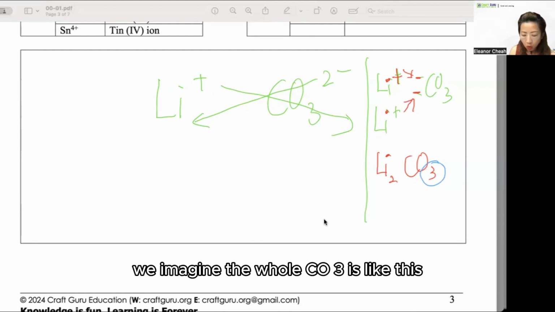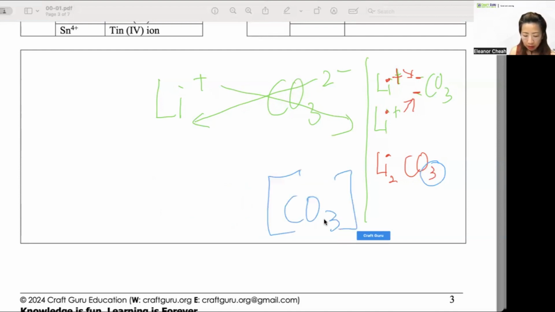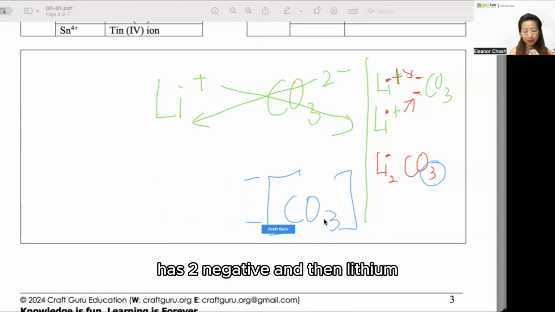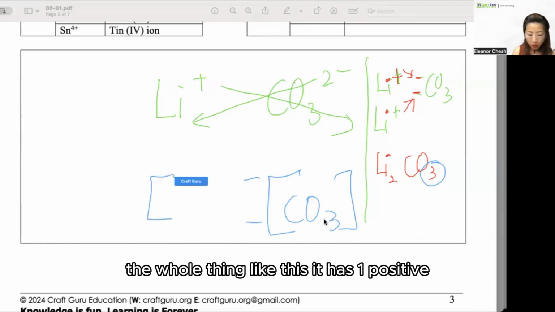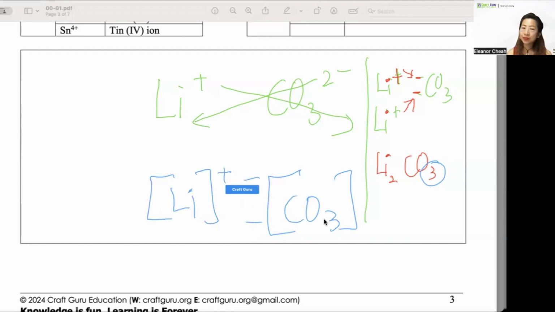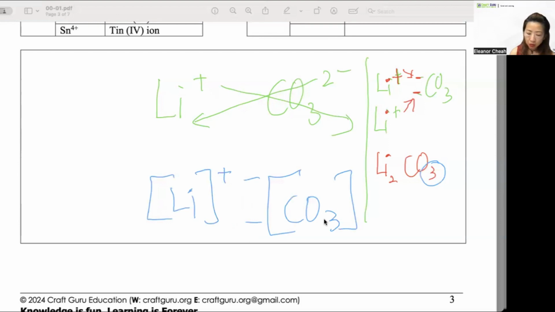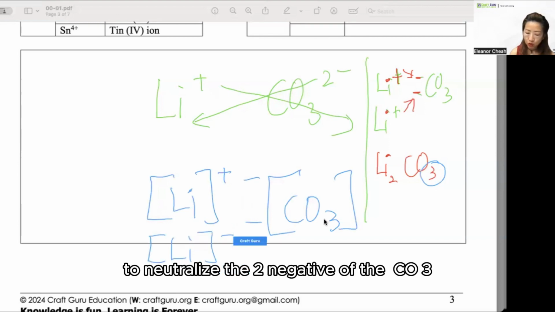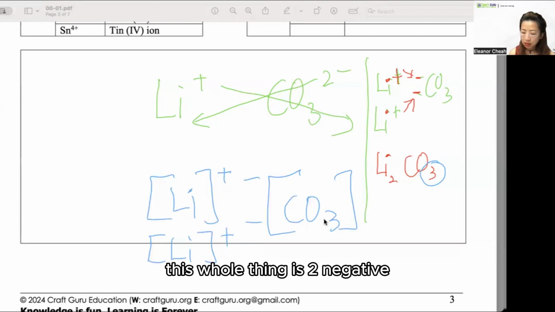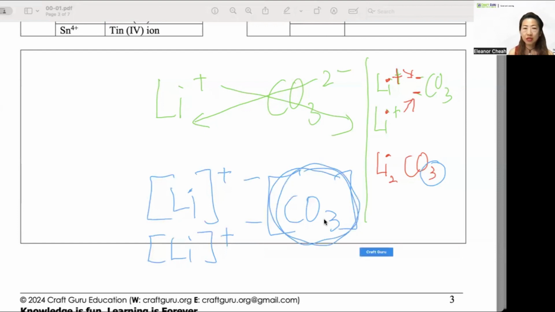We imagine the whole CO3 is like this, it has 2 negative. And then lithium, the whole thing, has 1 positive. So when we need 2 lithium, we draw like this to neutralize the 2 negative of the CO3. This whole thing is 2 negative.